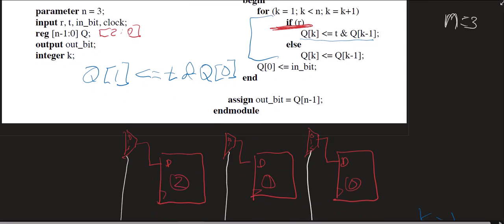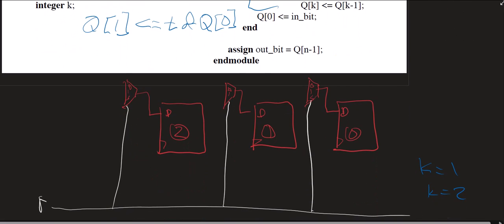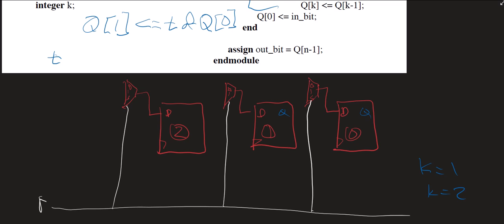I don't have my variable T yet, so I'll make a variable T. I'll put it up here. This is Q0. This is Q1. This is Q2.